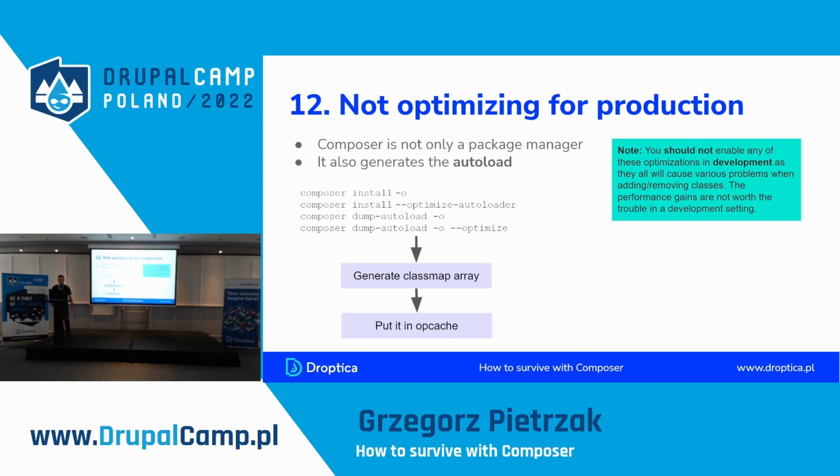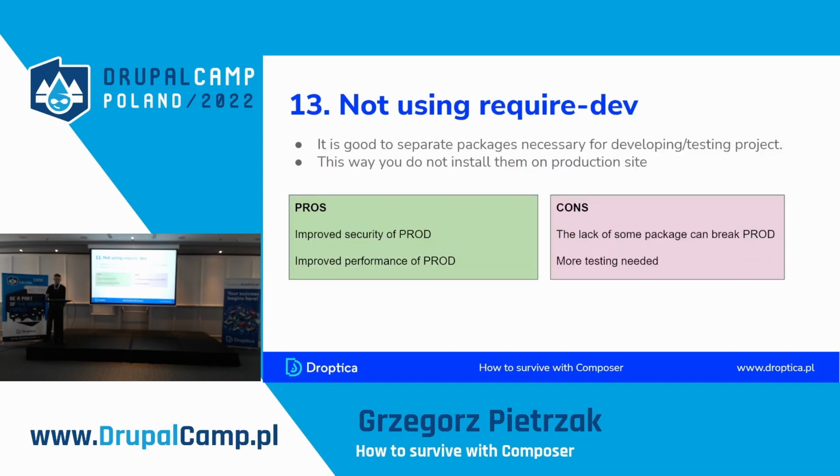But when you run composer install with -o, for some applications, not Drupal, but I checked it for a few frameworks, for Drupal I don't have such insight, it may be even 40% faster in terms of PHP running the code. So classes are discovered faster. They are put into the array that is in opcache, so it's very fast and it's recommended everywhere. And it's not recommended in a development environment because your project will not work when you do it.